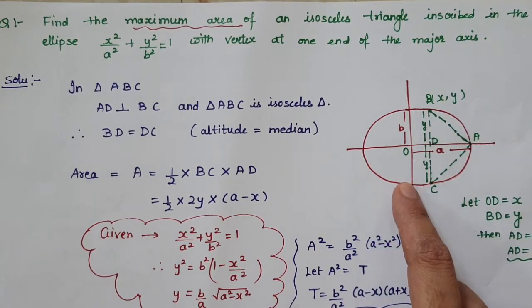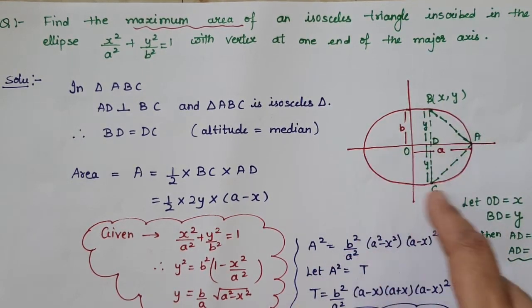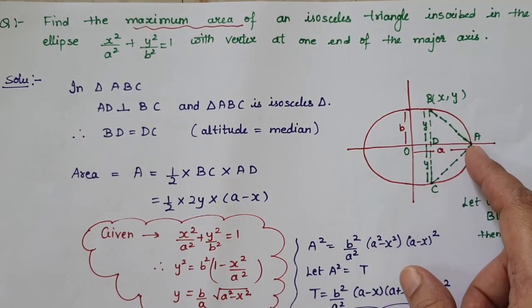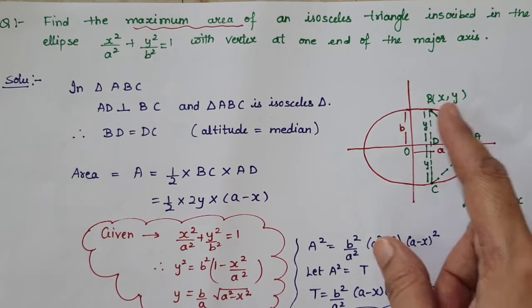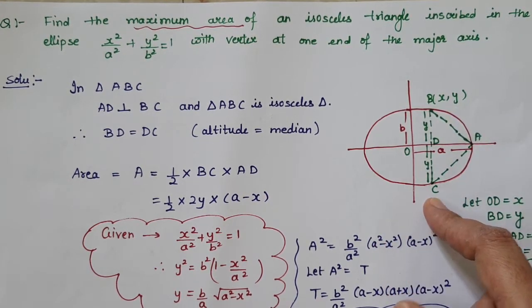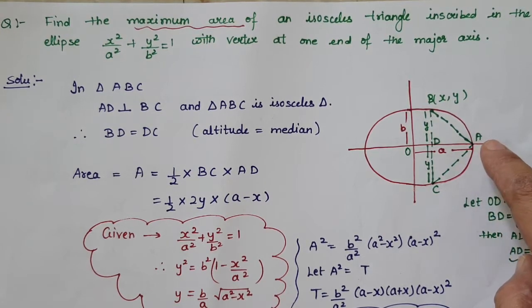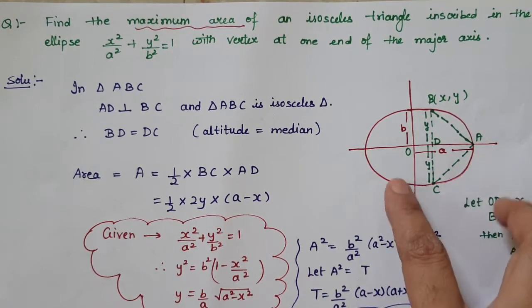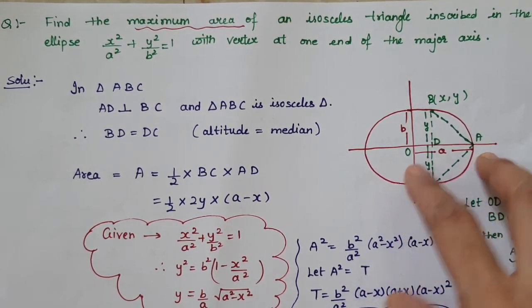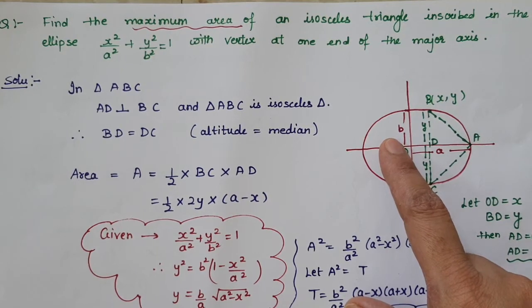So this is the kind of figure we are going to get here. This is your ellipse and isosceles triangle. AB is equal to AC, and one of the vertices, A, is on one end of the major axis. So if this is my major axis, OA is going to be a and OB is equal to small b.